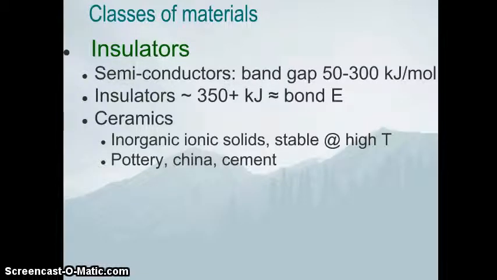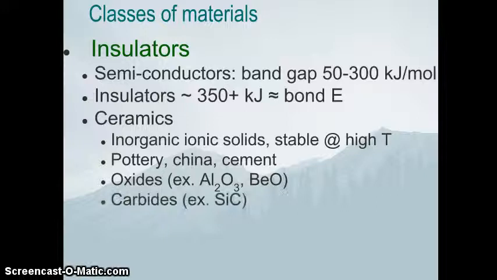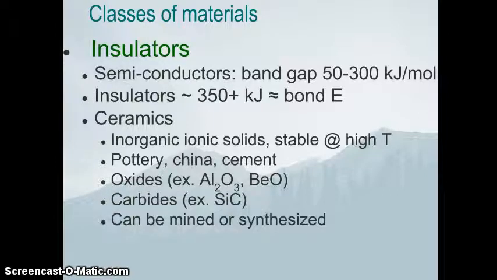Pottery, china, cement, they're all insulators. Some oxides, so aluminum oxide, beryllium oxide. So we have lots of natural compounds, and we can make them. So we can mine insulators, we can synthesize insulators, and of course, we build. Plastics are also great insulators in that we want things that don't conduct electricity often.